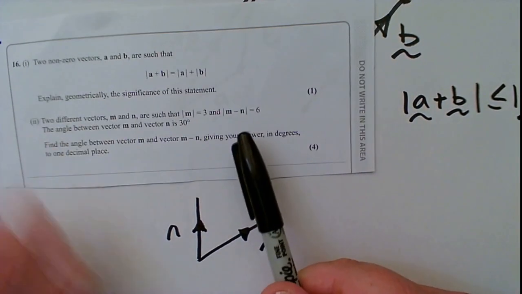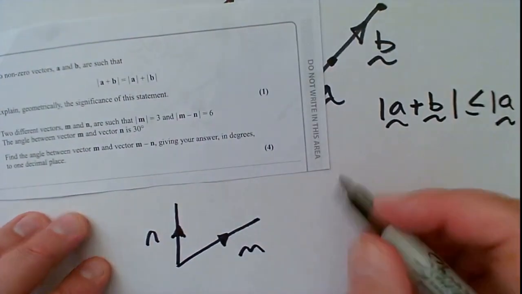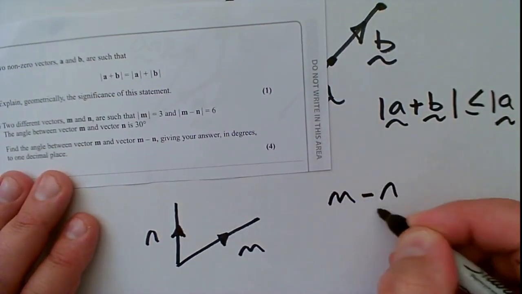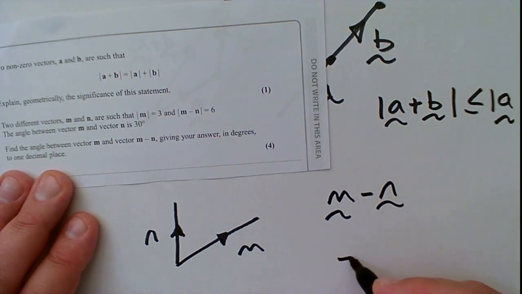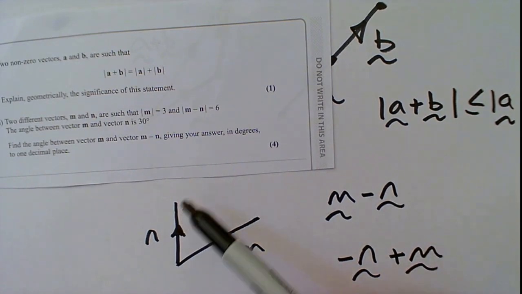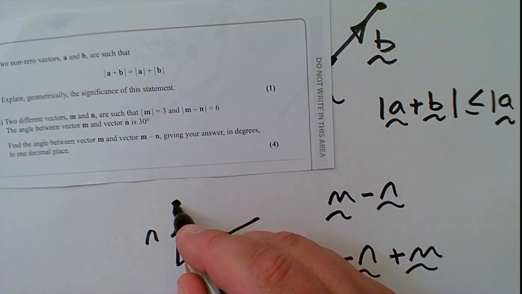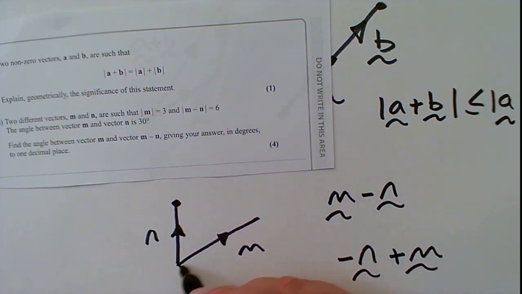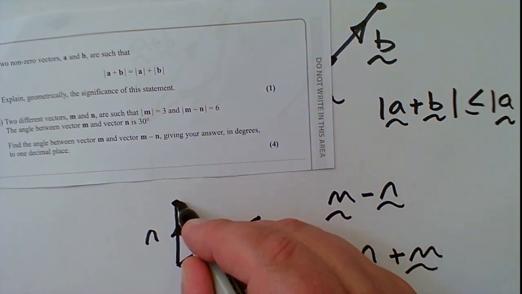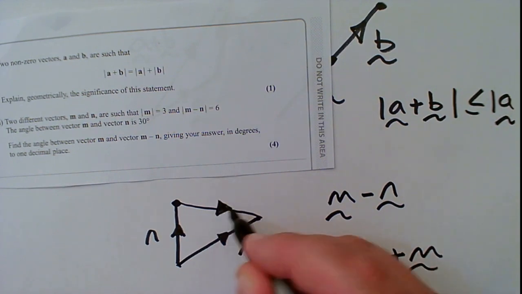Now then, we've got m take away n, but I'm going to think of m take away n as being minus n plus m. Right, they're the same thing. And if we're doing minus n, it means we've got to start our journey here, go minus n and plus m. So you would end up there. In other words, you can get the direction of your arrow.